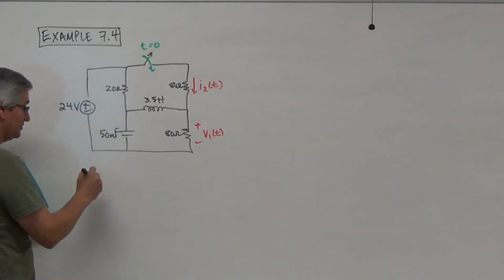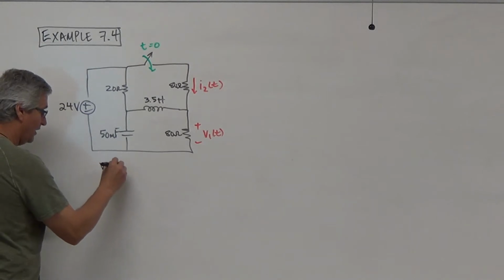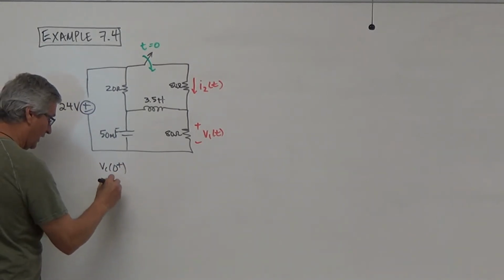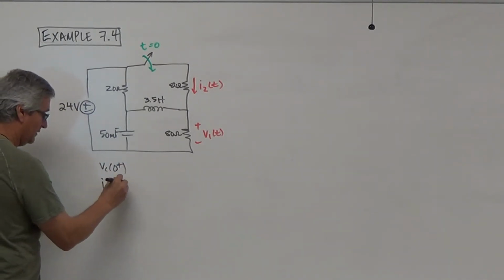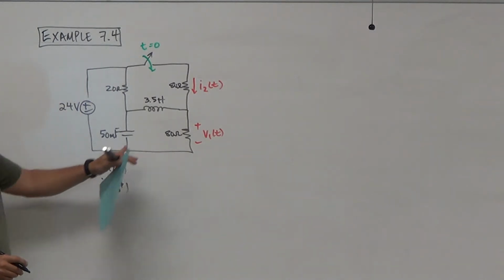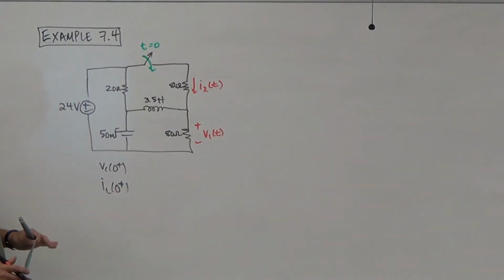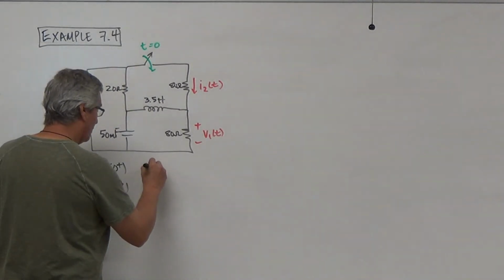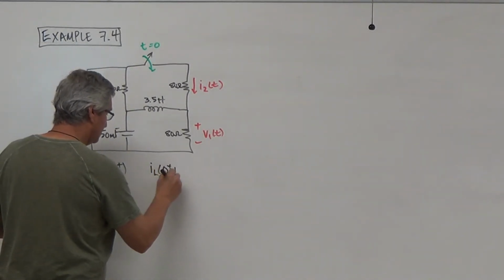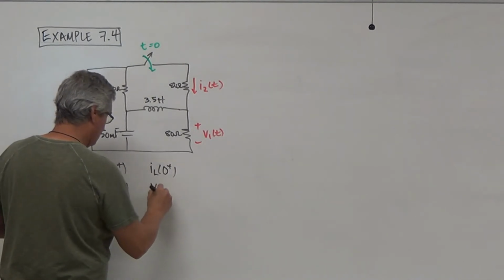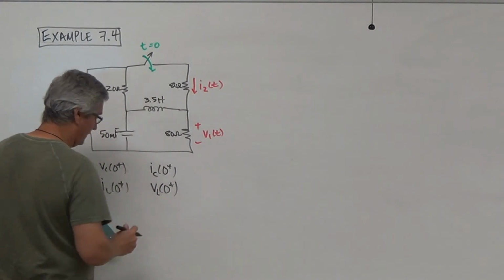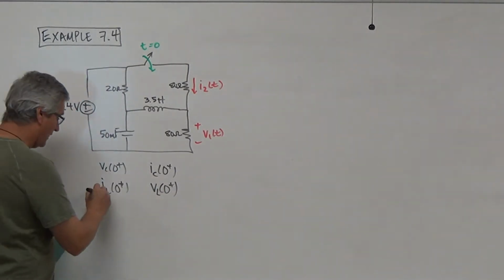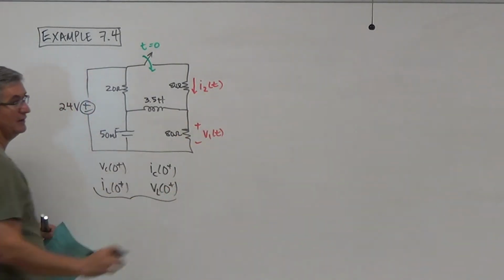To answer this question, I need VC of 0 plus, IL of 0 plus. So when I have these, then it will be sort of obvious what actually happens. And then ultimately, we're going to need these guys. So I'm going to need these to get these two right here.